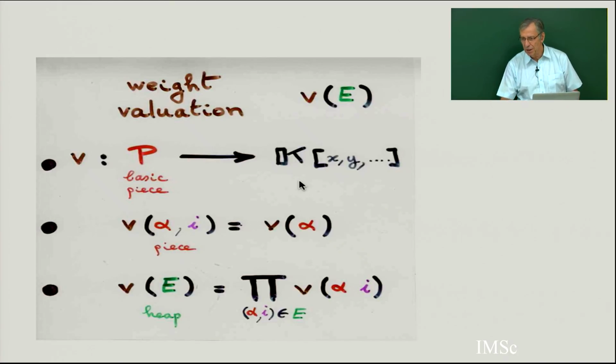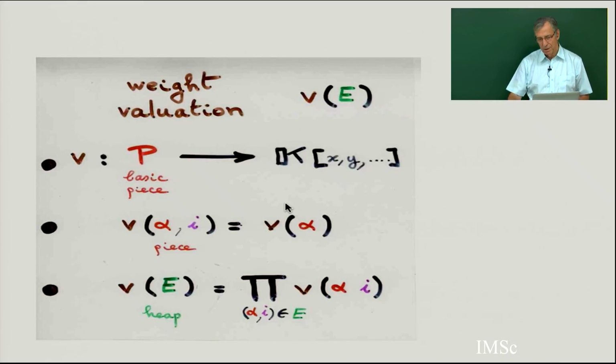Then the weight of an element of a heap, the weight of a piece, is the weight of the projection. So the weight does not depend on the level of the piece. And now the weight of the heap is the product of the weights of all the pieces. So it's a certain polynomial or a certain monomial in formal variables.